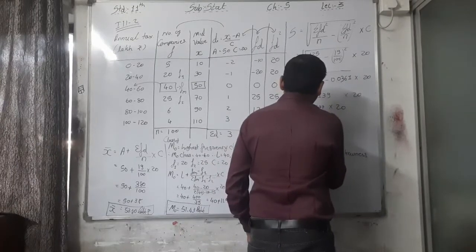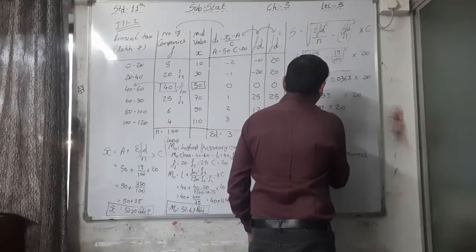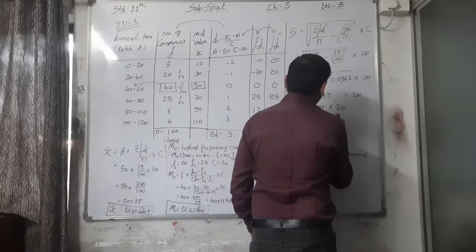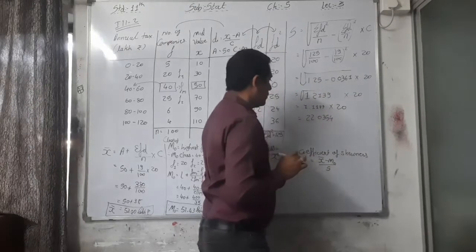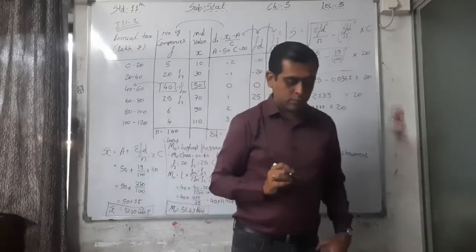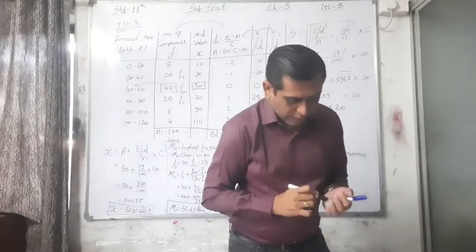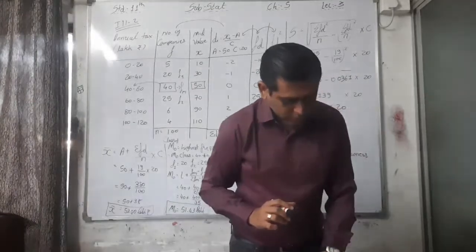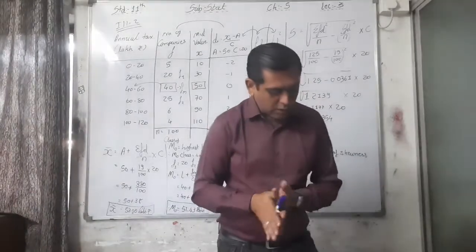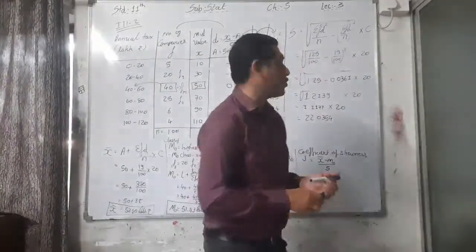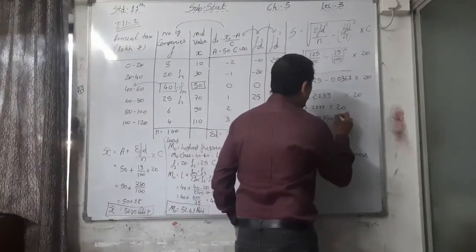So the final answer is 22.0354. And that is your answer of standard deviation: 22.0354 lakh.